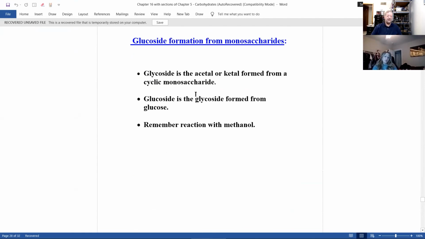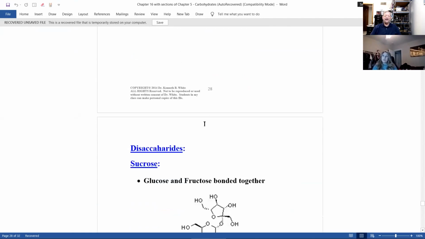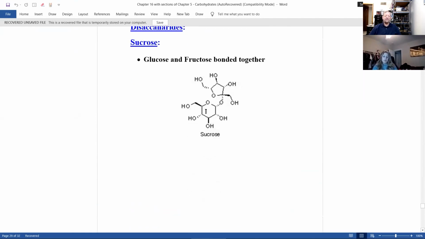And that's why I have down there, remember the reaction with methanol and the alcohol. I used ethanol today. Now, an interesting thing, and I'm going to turn the structure of this off, but I will ask you to learn the following. Sucrose, table sugar. What is it? It's an acetal between fructose and glucose, and they're bonded together. This is a cyclic form of glucose, and it's in the Haworth projection, and this is the cyclic form of fructose.